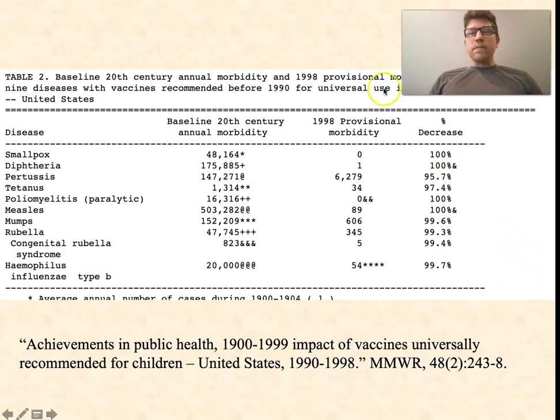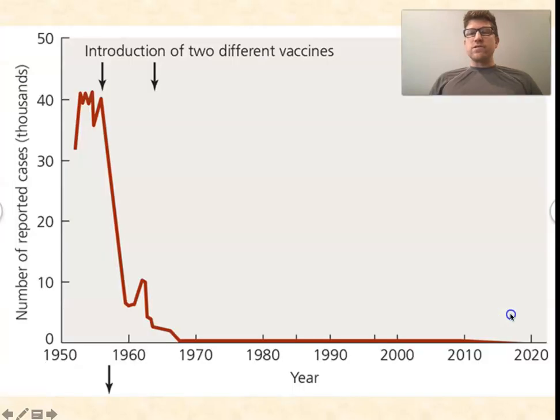So what you can see here is that vaccines have made a huge impact, a huge impact. Even though our population size is growing dramatically, the frequency of these illnesses in the United States has dropped dramatically post-introduction of vaccines. Here's a couple graphs that show two of these.